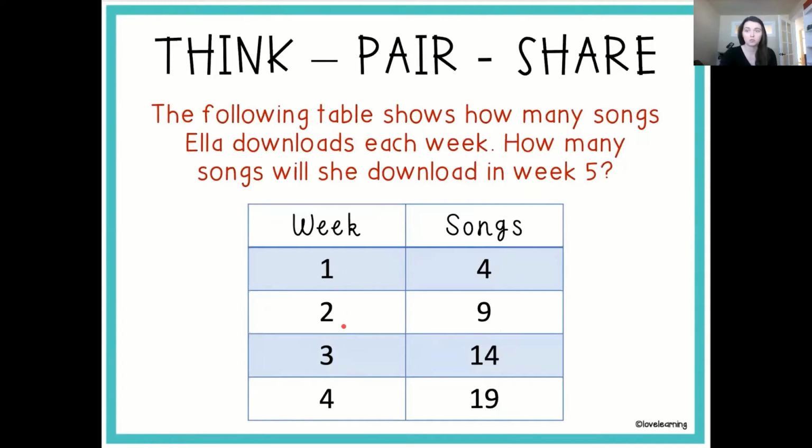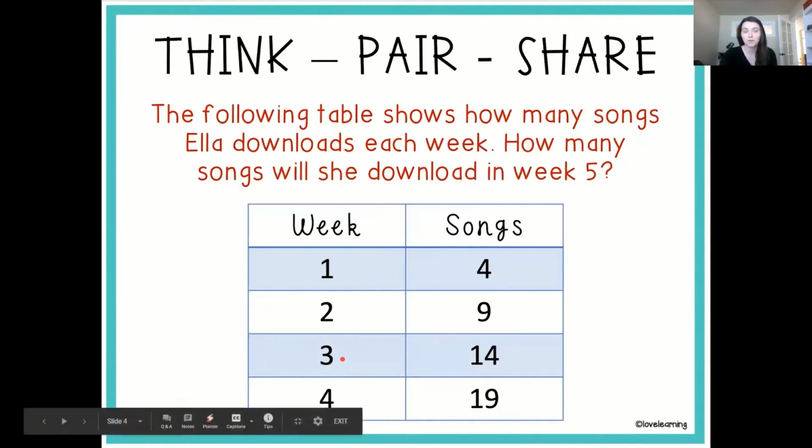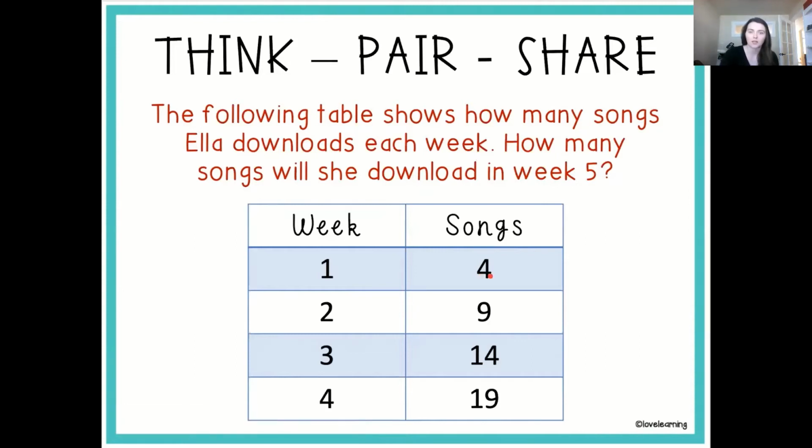1 plus 1 is 2, 2 plus 1 is 3, and 3 plus 1 is 4. So we just add 1 each time. We're not skipping any weeks or anything. And then when I look at the songs, I see we go from 4 to 9. Now, if I just want to keep with the addition, that's 4 plus 5 is 9. And then we go from 9 to 14.